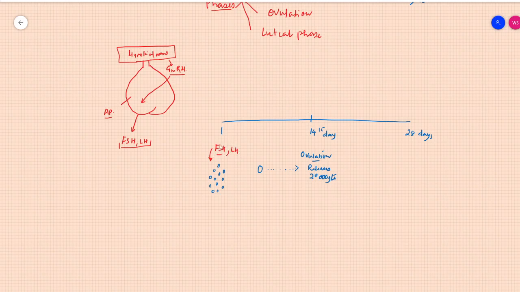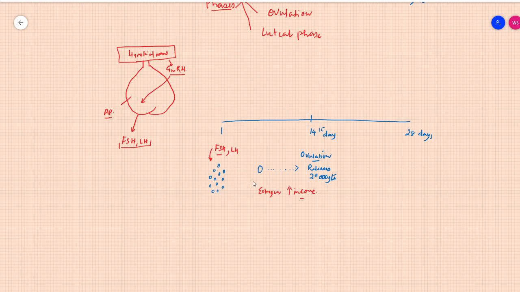Predominantly FSH is working, but LH is aiding the FSH in bringing about development of the follicle. So now at this time what's happening? As the follicle is continuing to grow, the theca cells are continuing to release estrogen. So estrogen is going to increase in concentration.